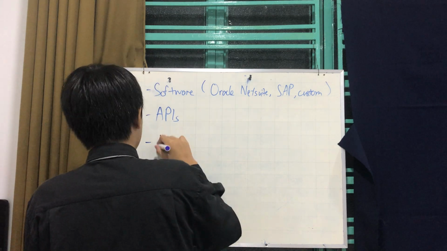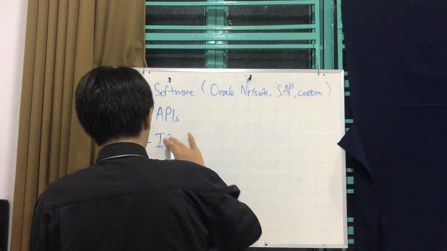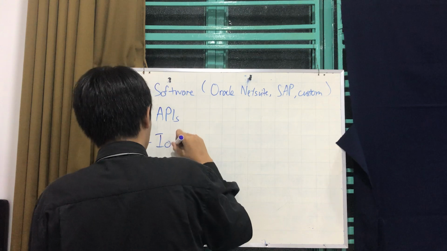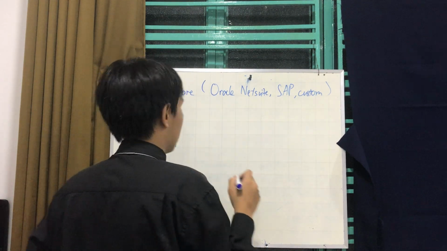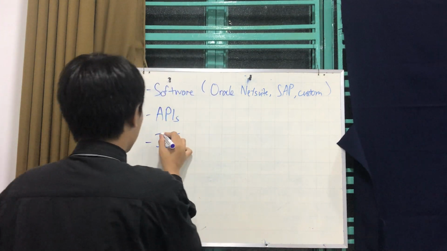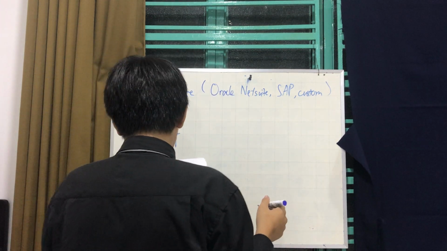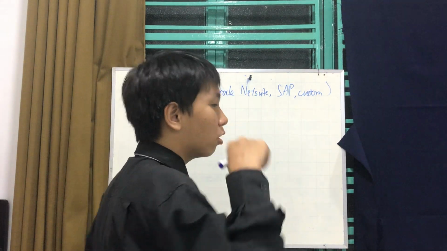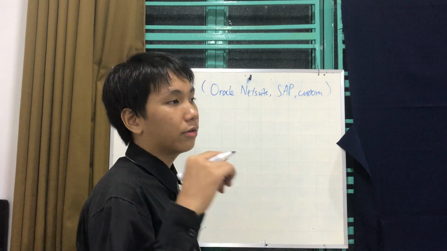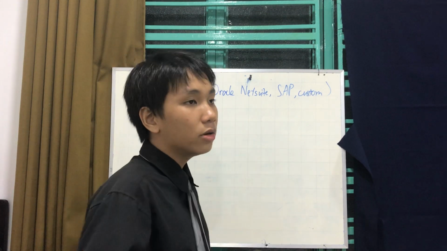Then IoT devices. IoT stands for Internet of Things, and I think we already know what IoT is and how it helps. So for example, GPS trackers on the van to notify the customer where the van is currently located and when the package will arrive.